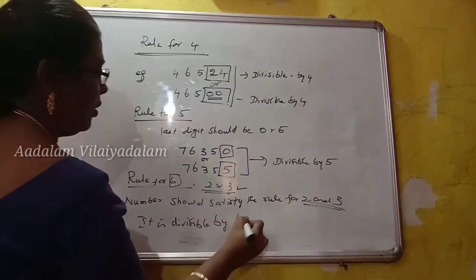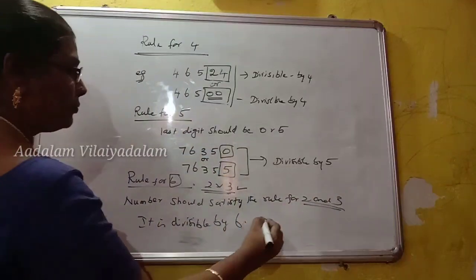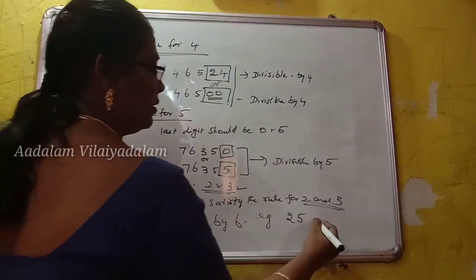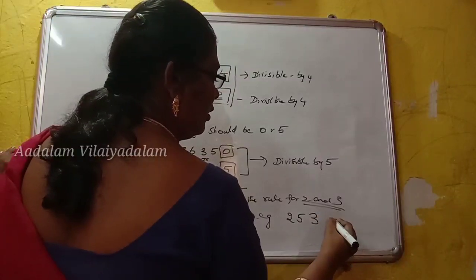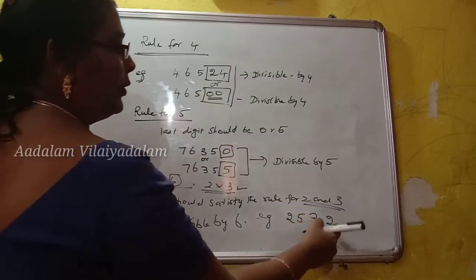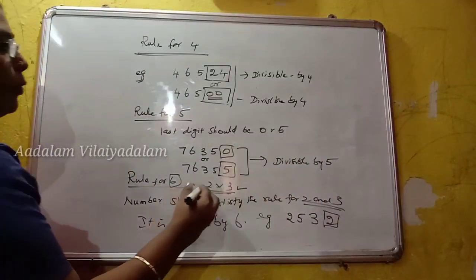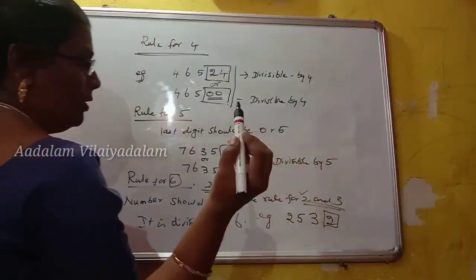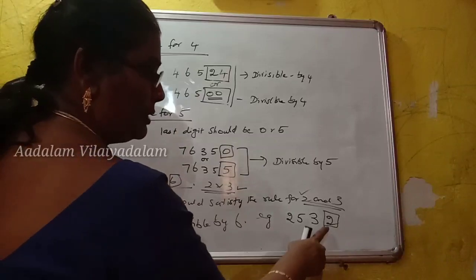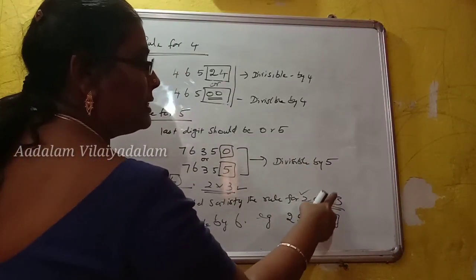For example, 2, 5, 3, 2. In this number, the last digit is 2. So the rule for 2 is satisfied because the last digit is 0, 2, 4, 6, 8. So this condition is satisfied. The next condition is 3.